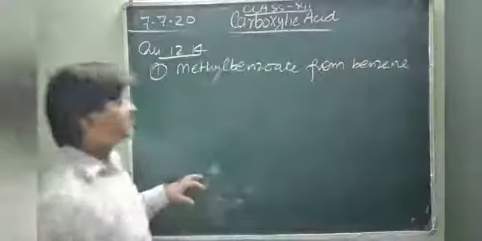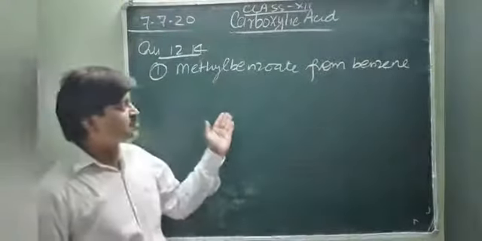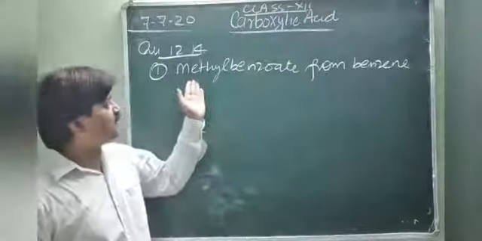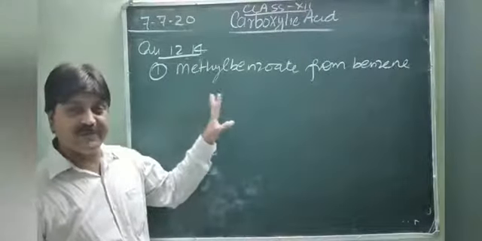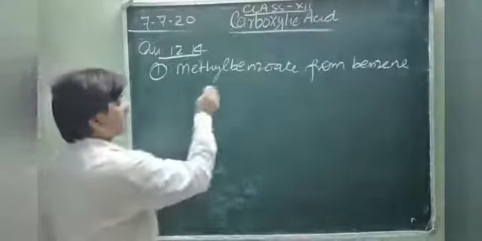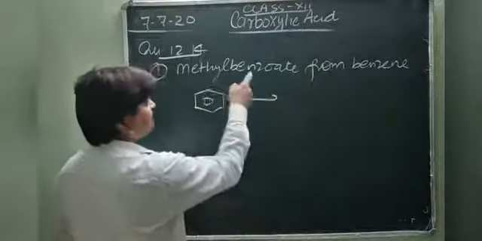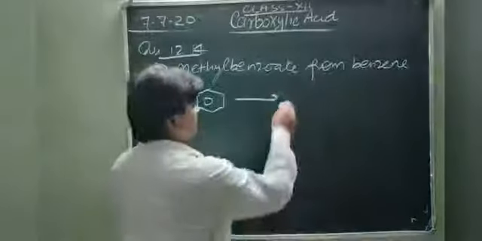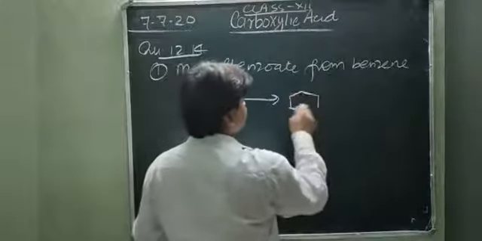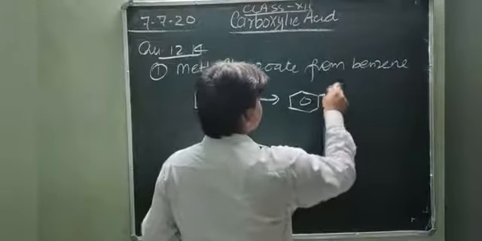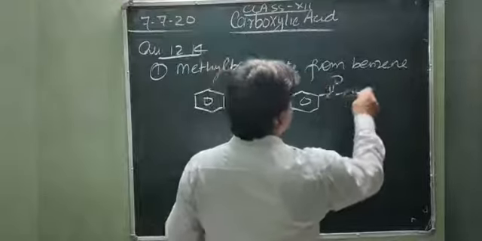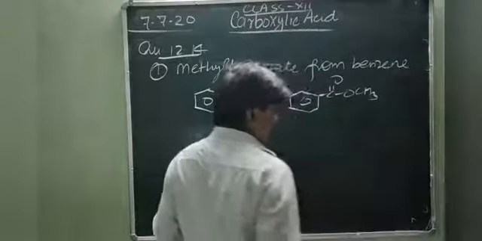First of all, write down the substance from which the product is to be prepared. This is benzene. Second, which compound? This is methyl benzoate, meaning C6H5COOCH3.